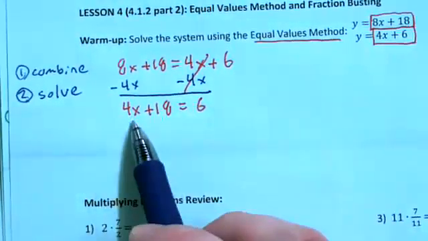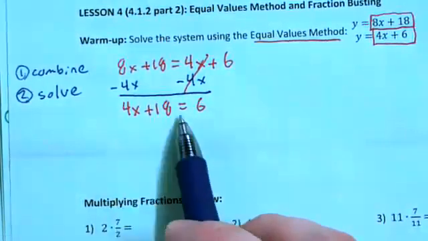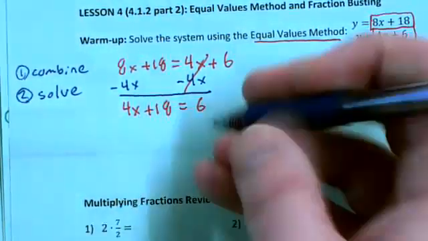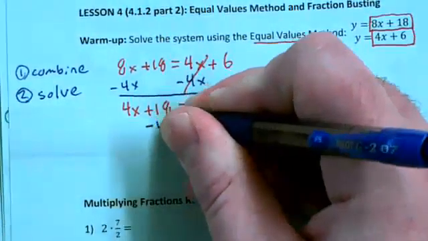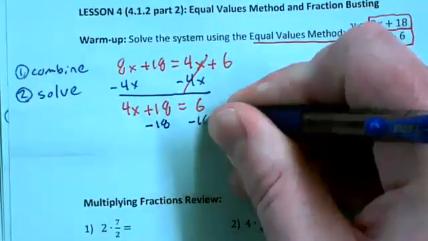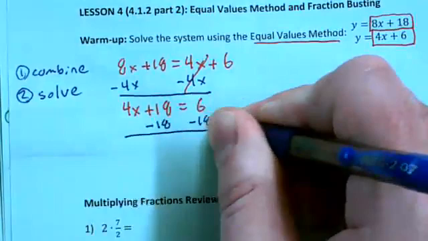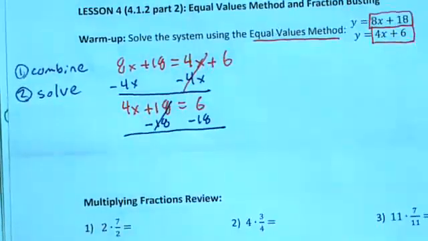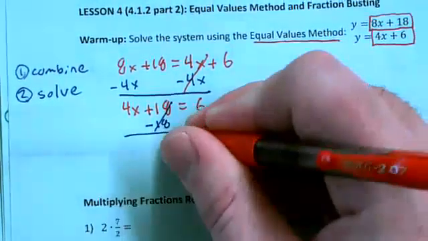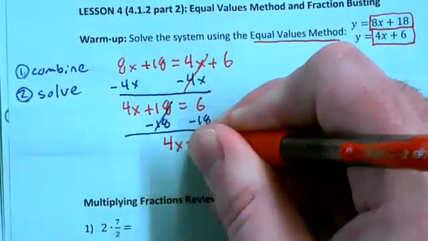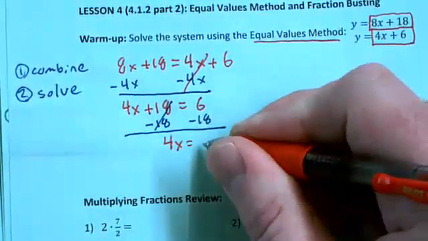All right, we still need to keep working to get x by itself here. I would get rid of the 18 next. It's a plus 18, so I'm doing minus 18 on both sides. Six minus 18.